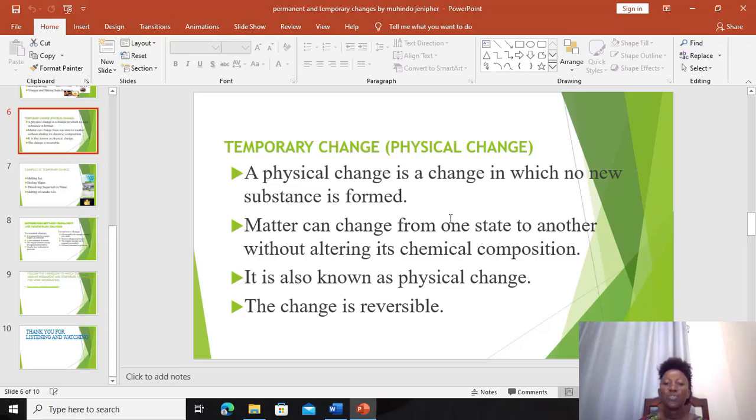The change is reversible, meaning that it can easily go back to its original form. No new substance is formed. Once it changes from its original form, it can easily go back to its original form.